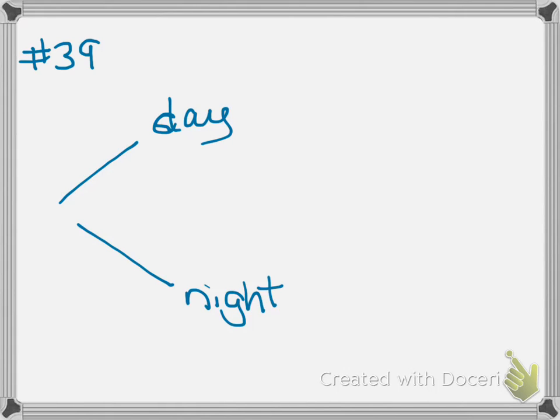All right, so either the person works the day shift or they work the night shift. I think it says that 60% work the day shift, and so that means 40% work the night shift, because remember, one branch has to add up to 1.